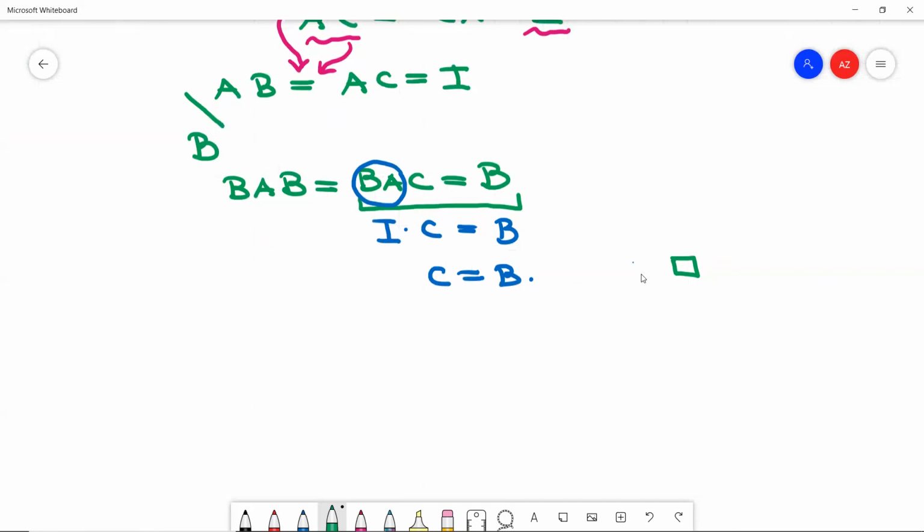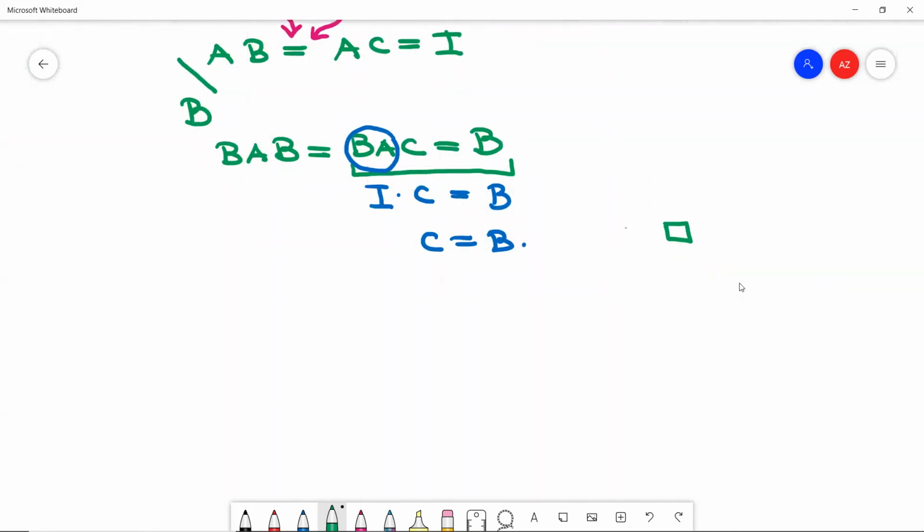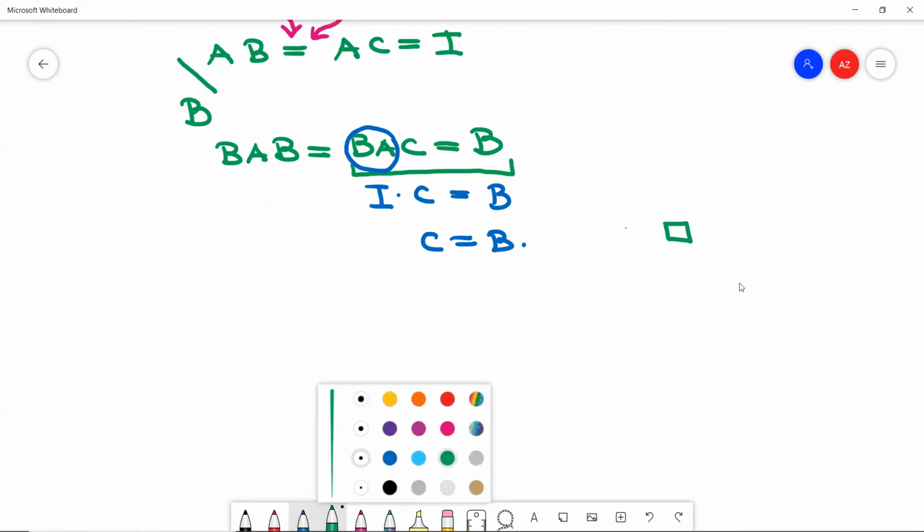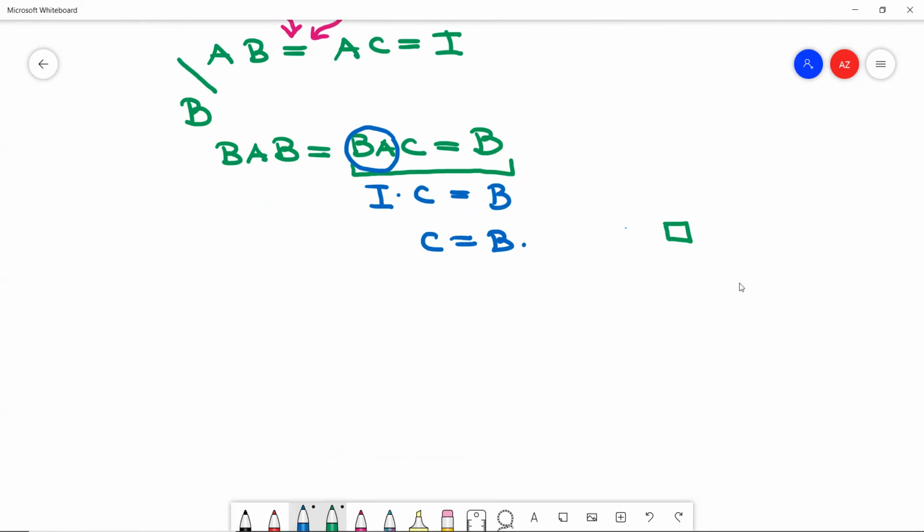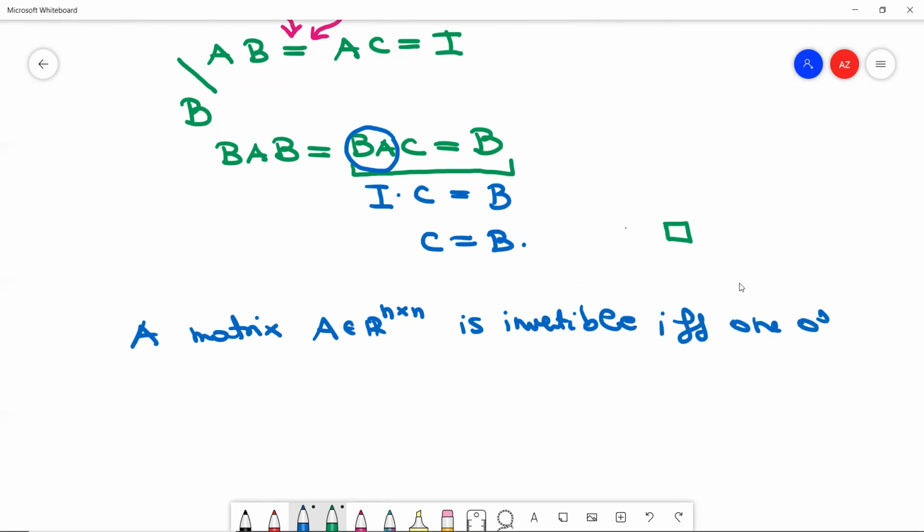So if the matrix is invertible, then its inverse is unique. And before we define the generalized inverse, I would only like to ask you to tell me a few equivalent conditions about invertible matrices. So a matrix is invertible if and only if one of the following equivalent conditions hold.